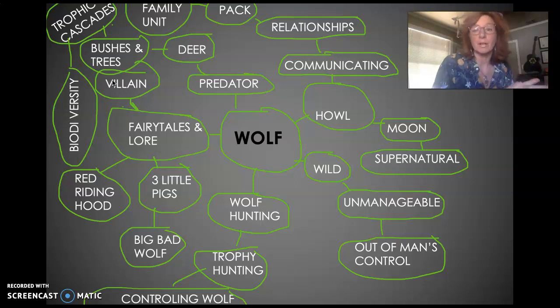Have you ever seen that short little film called How Wolves Changed Rivers? That's the idea. Trophic cascades comes out of this idea that everyone plays a part in the environment, including us. We don't do such a good job, but in terms of animals, in the balance of nature, they all have a part. The predator is just as important as the prey.